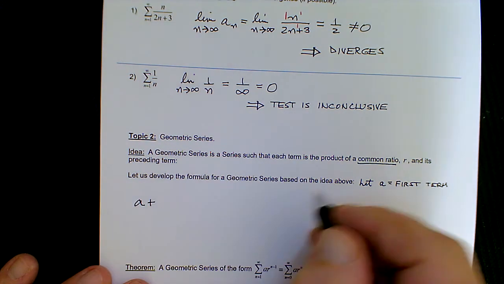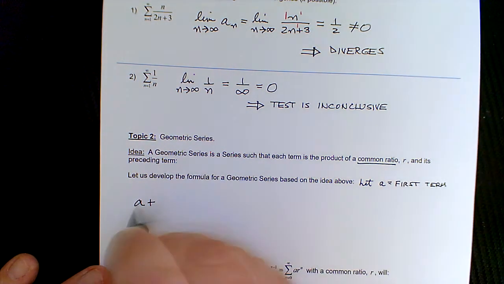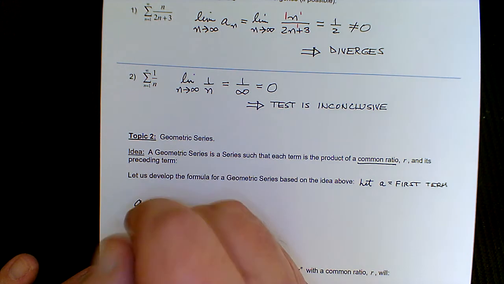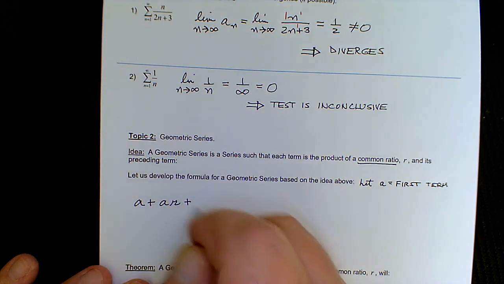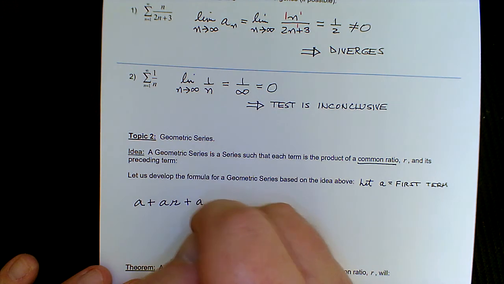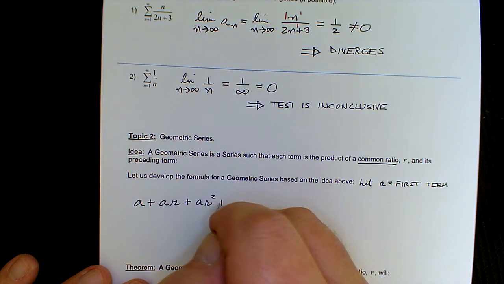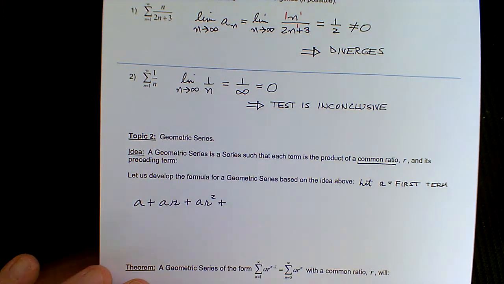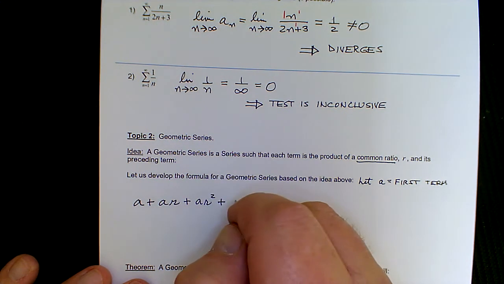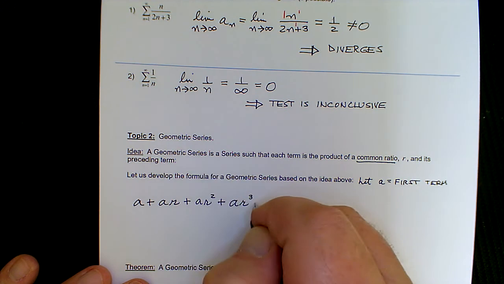Next term, r times ar, so ar squared. Next term plus, because it's a series, so adding the terms together. So next term plus ar squared times r, so ar cubed. Next term of the series plus ar cubed times r, so ar to the 4th, and that goes on forever.